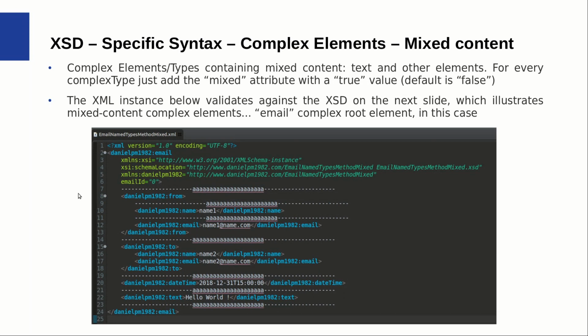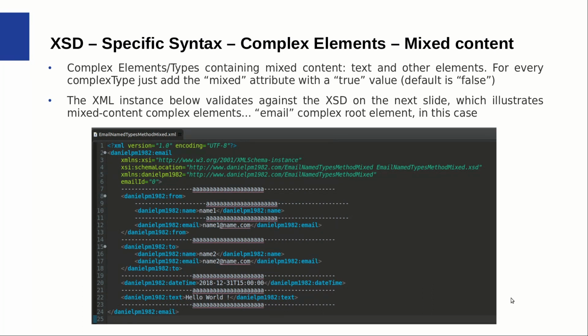For example, at this XML instance, for the email complex element or for its complex type, we set the mixed option as true in order to make acceptable the use of text content as here and here and here, as well as elements as contents. And also intentionally, you'll see at the next slide that for the element 2, we turned the mixed to false so that we only could have as contents the expected elements and not text.